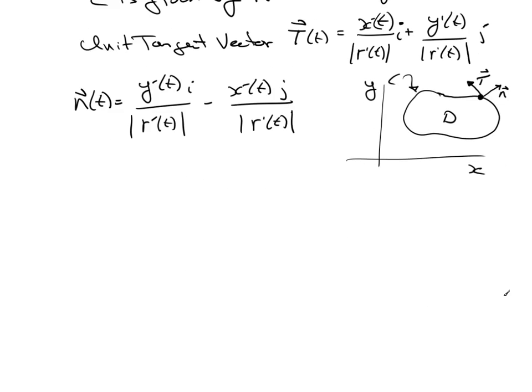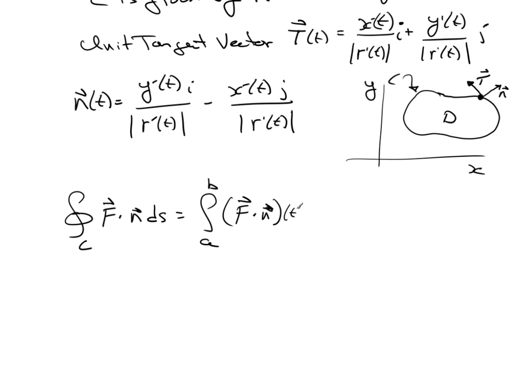So with this, we can see that the line integral over C of f dot n ds is equal to the integral from a to b of f dot n, both of these are functions of t, times the magnitude of r'(t) dt.